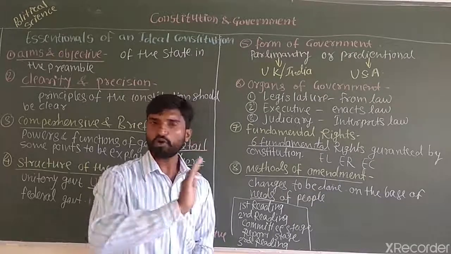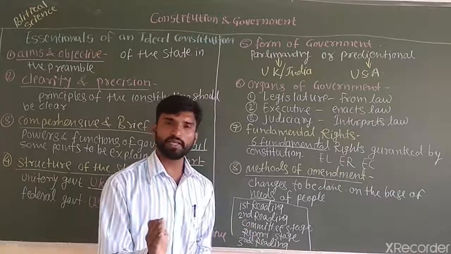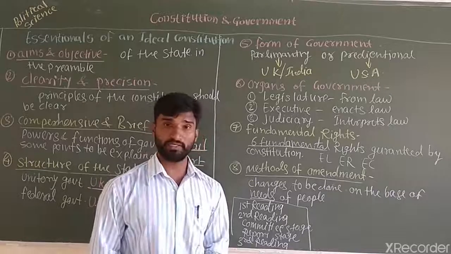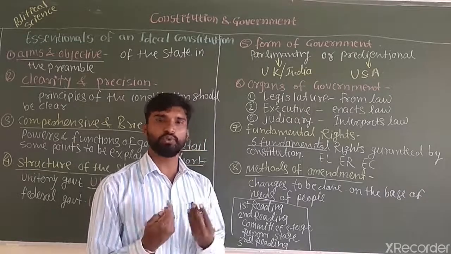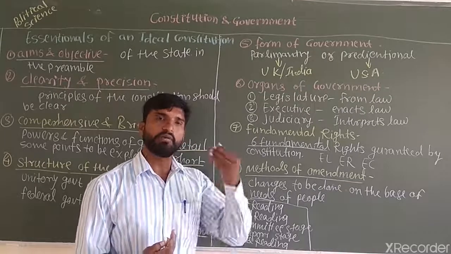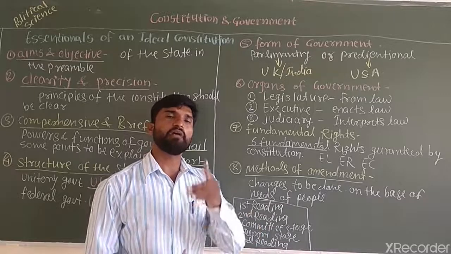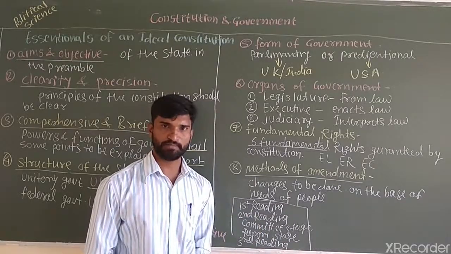But in ordinary law it doesn't require this, because ordinary laws are made by the Parliament. Those elected representatives whom we have chosen make laws, and those laws are called ordinary law, which are used for day-to-day administration.